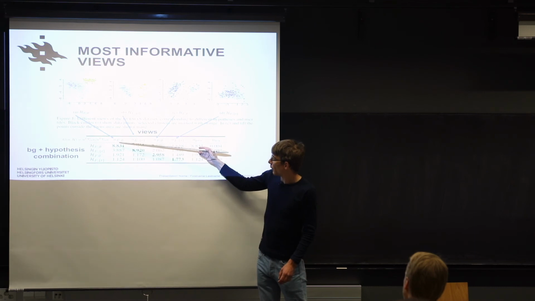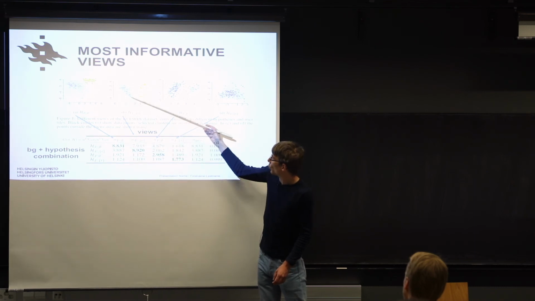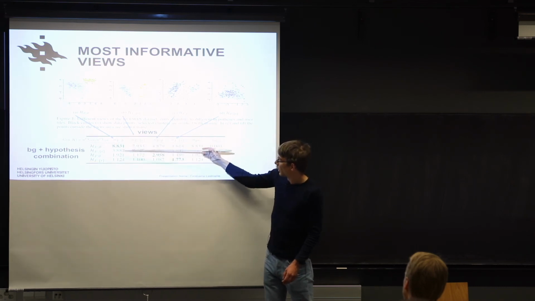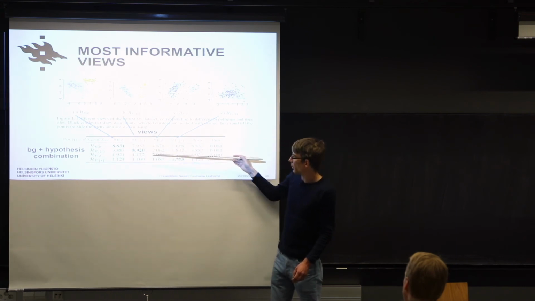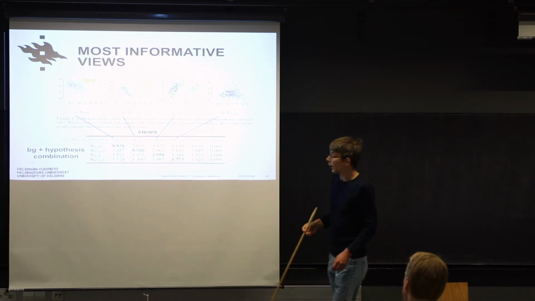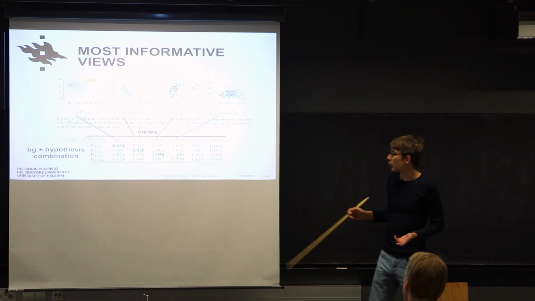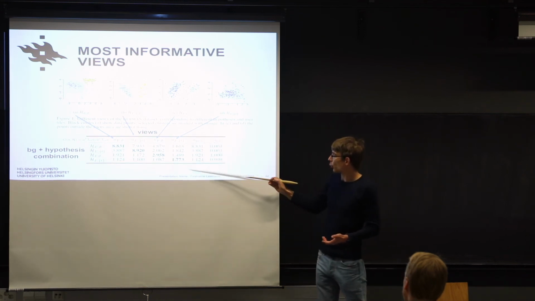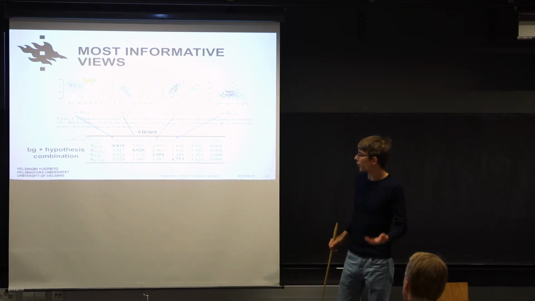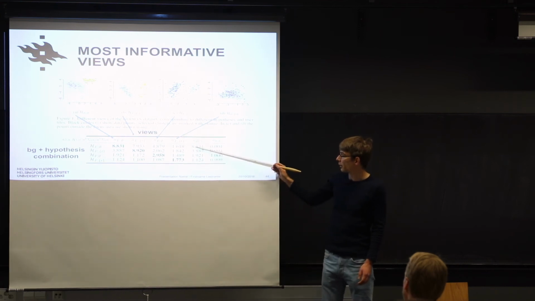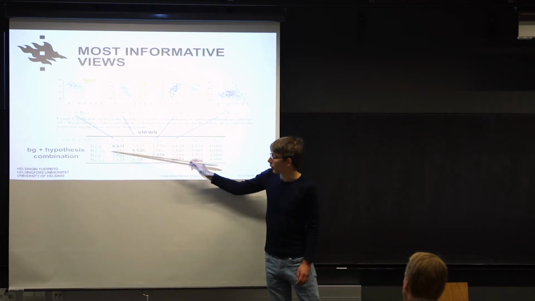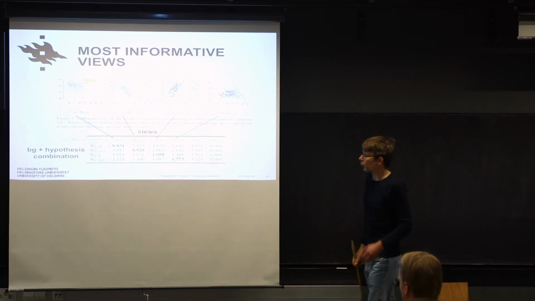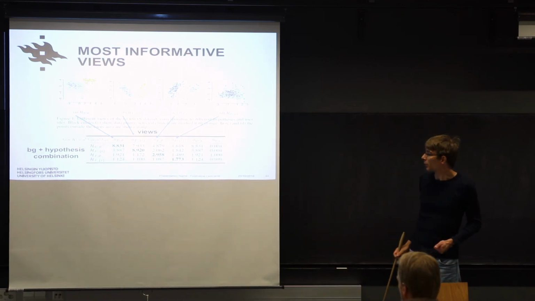All of these views maximize this cost function. For comparison, I have also written down the costs for PCA and ICA. We notice that PCA is the same as our method at the limit of no background information and the most general hypothesis.